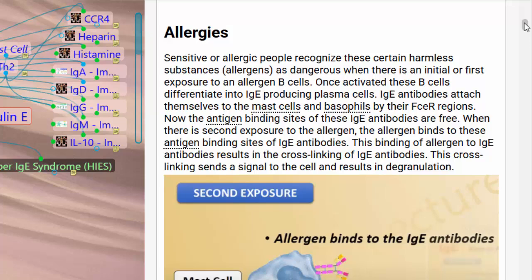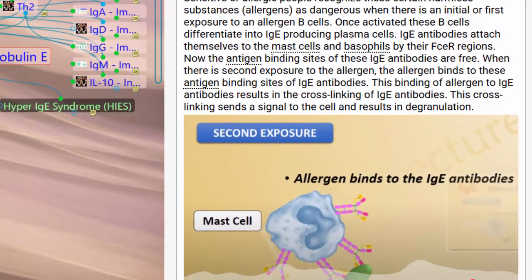Okay, allergies. So we know that sensitive or allergic people recognize certain harmless substances, allergens, as dangerous when there is an initial or first exposure to an allergen by B cells. Once activated, these B cells differentiate into our immunoglobulin E producing plasma cells.